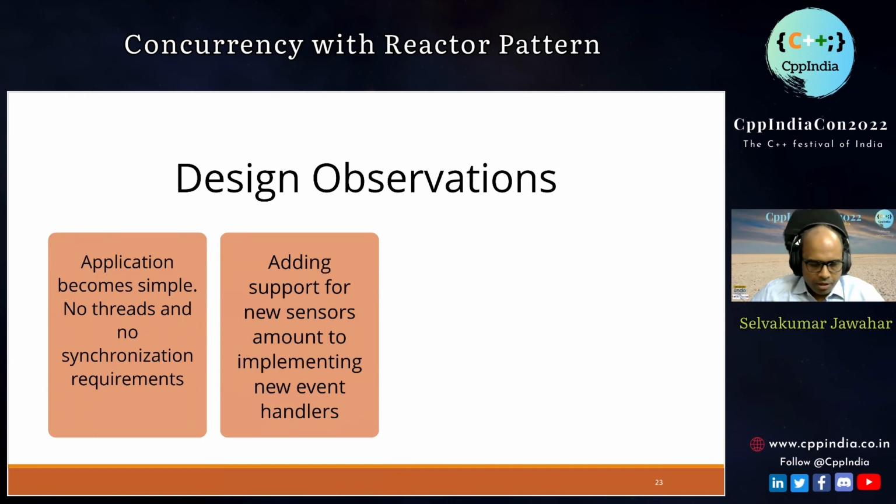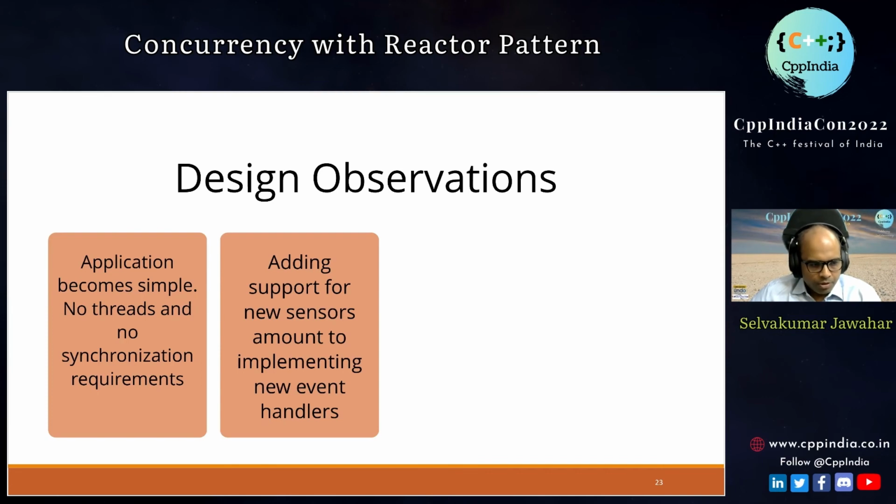The other advantage is that because of the simplicity, and because there are no threads and no synchronization requirements, typically on single core processors the reactor performance is much better than a threaded application. That's another win for the reactor.